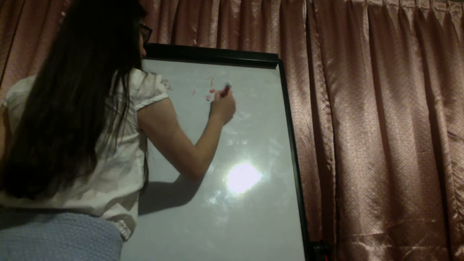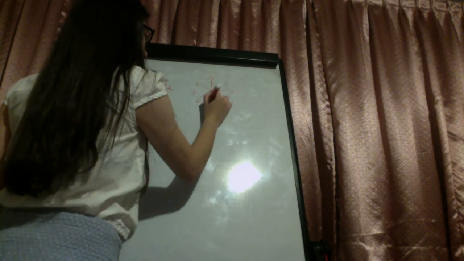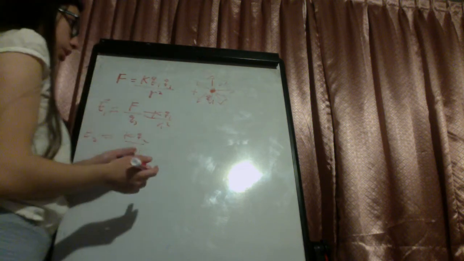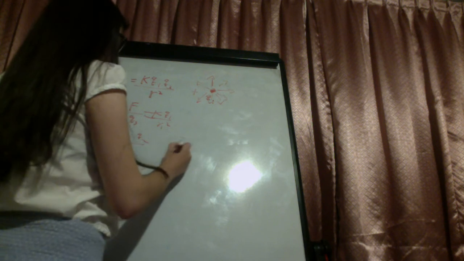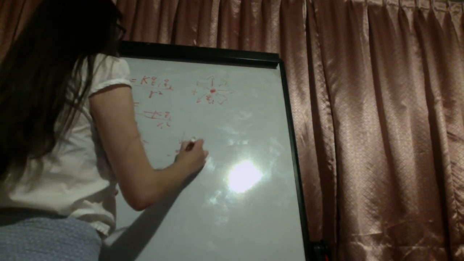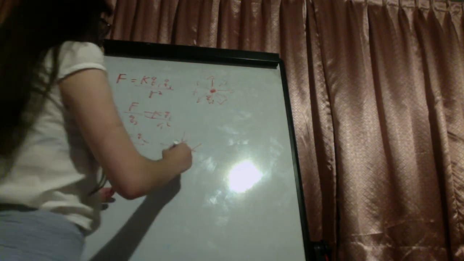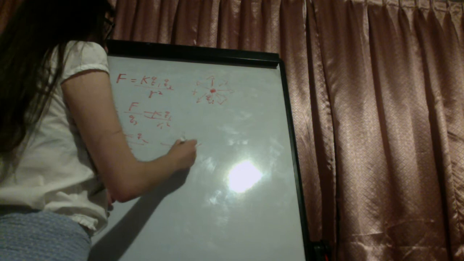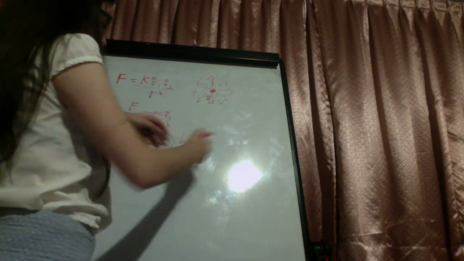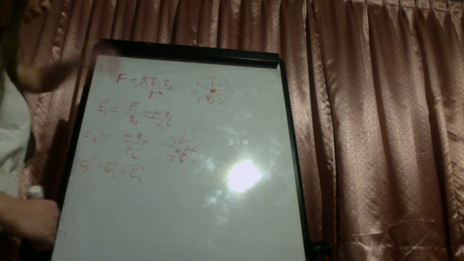So here's how we draw the electric field of a positive charge, and for a negative charge it's the opposite. Here's the negative charge, and these are called electric field lines, drawn like this. They're going towards the negative charge, and we know that opposite charges attract.